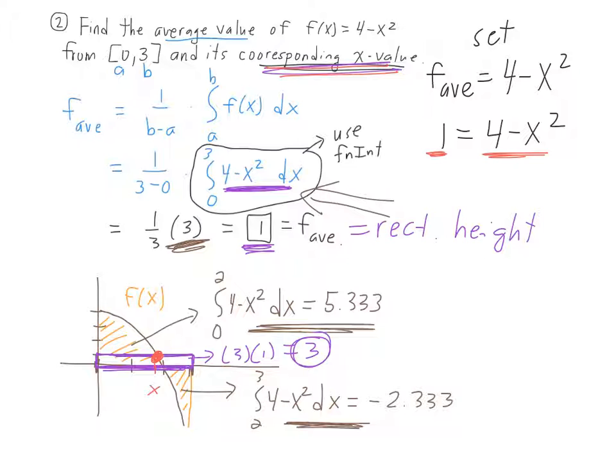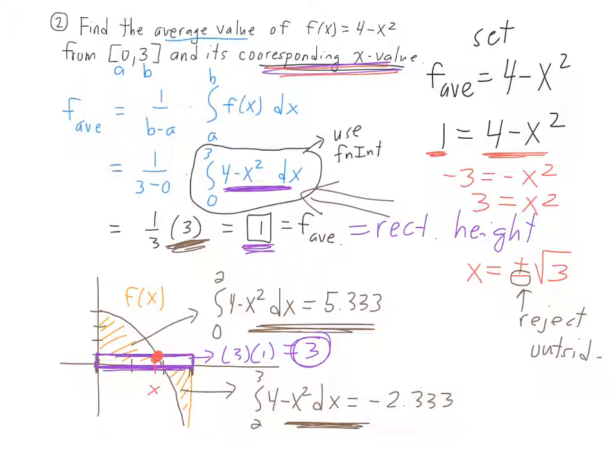This is going to give us negative 3 equals negative x squared, or 3 equals x squared. Well, x would technically be plus or minus the square root of 3, but this negative we are going to reject since it's outside our interval from 0 to 3.